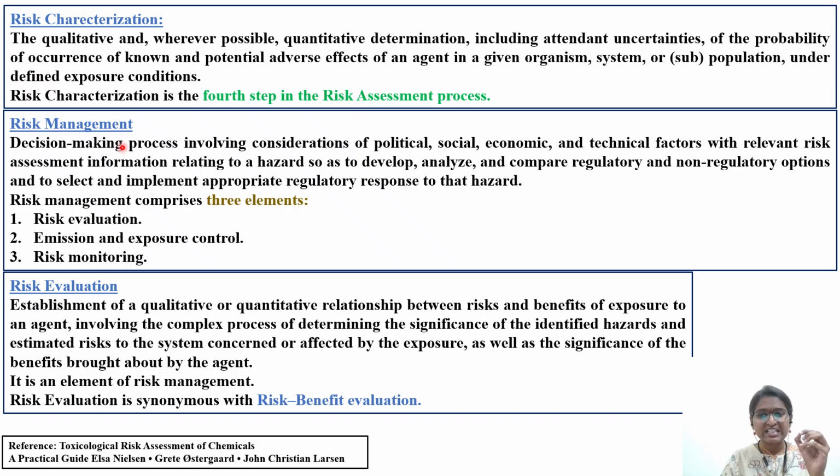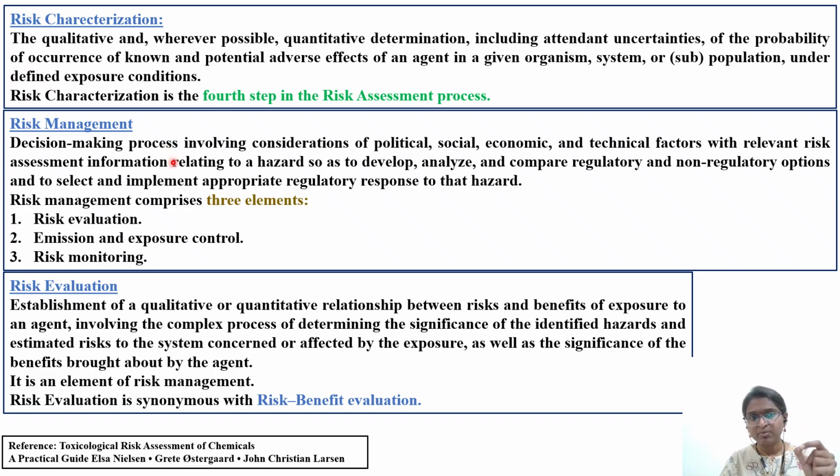Next, we have risk management. What is risk management? We'll see. Decision making process. As I told you, in the factory or in the pharmaceutical industry, somewhere when the spillage happens, then management will sit, policymakers will sit, socio-economic people will sit, and they'll decide, okay, let's take this step in order to safeguard the population.